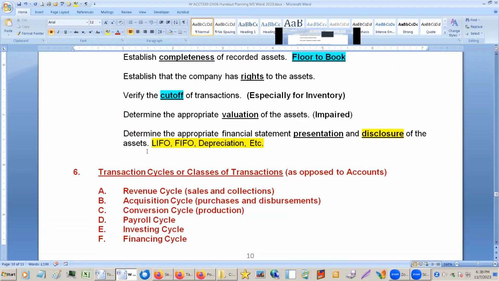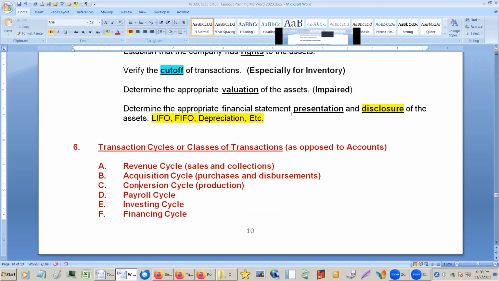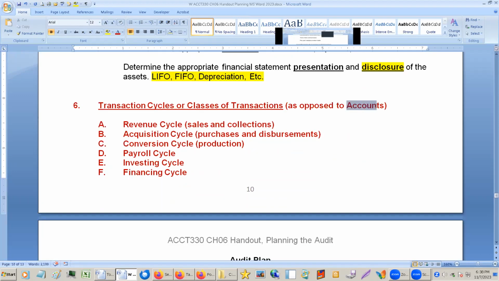A lot of the audit steps we have are testing accounts. So, for instance, we test the cash account. Then we go and test the accounts receivable. We go test the inventory. We test the property, plant, and equipment, and we kind of go around the balance sheet basically, and we test the accounts.